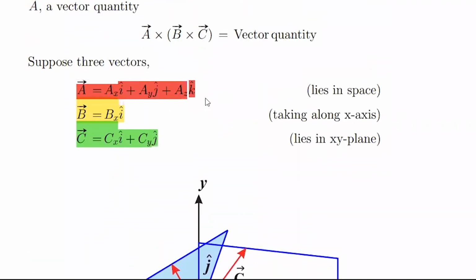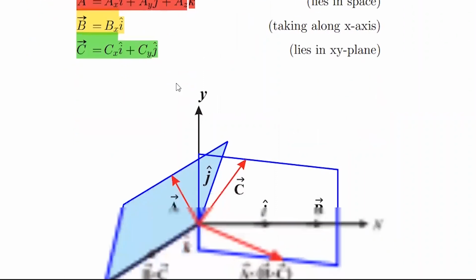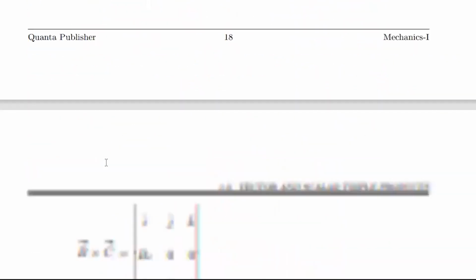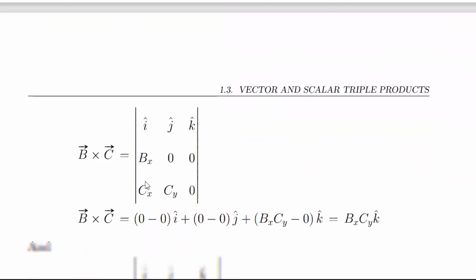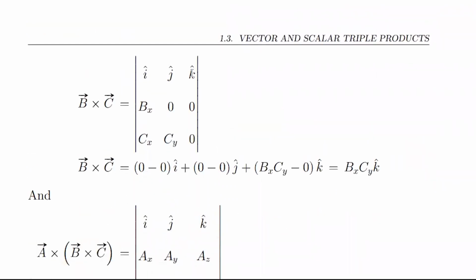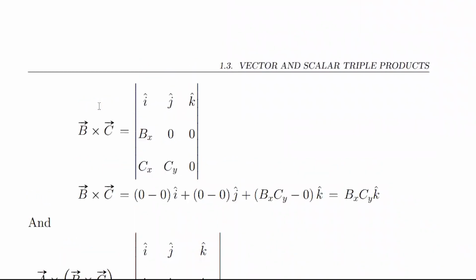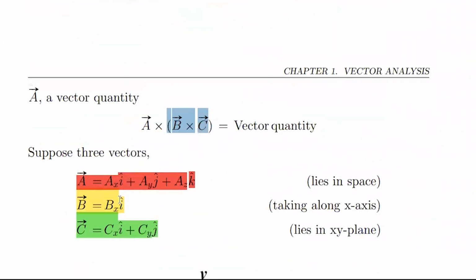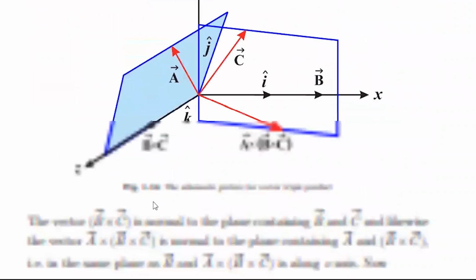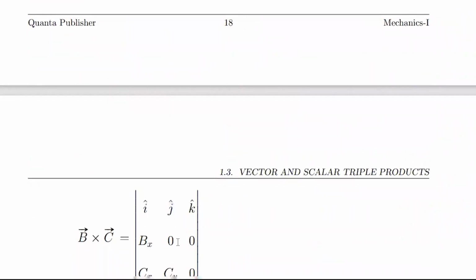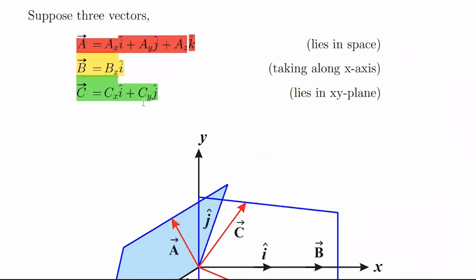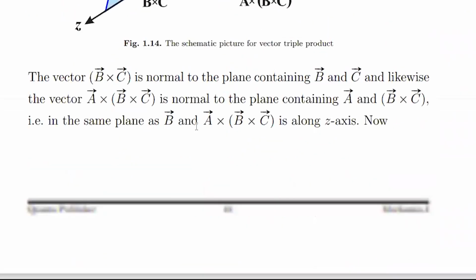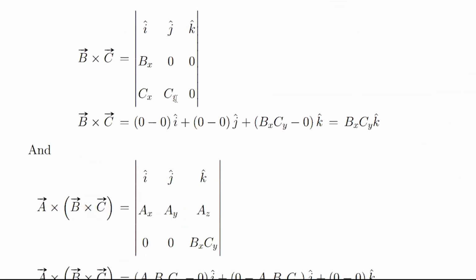In order to explain the mathematical interpretation, first we need the product of B and C. Let us multiply B and C by the determinant method. Here we write i, j, k, because B is equal to Bx i, and y is 0 and z is 0. So 0, 0. Similarly, C is equal to Cx i, Cy j plus 0 k.